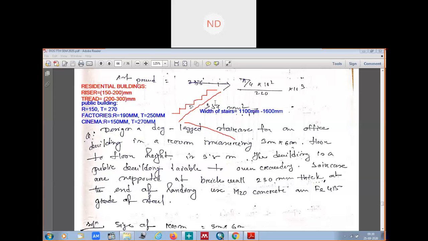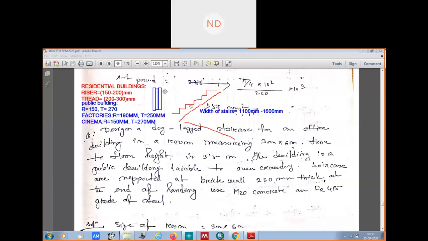The width of the stairs means, suppose these are your stairs, if you see from the top view, in this way you are going to see your steps from the top view, right?